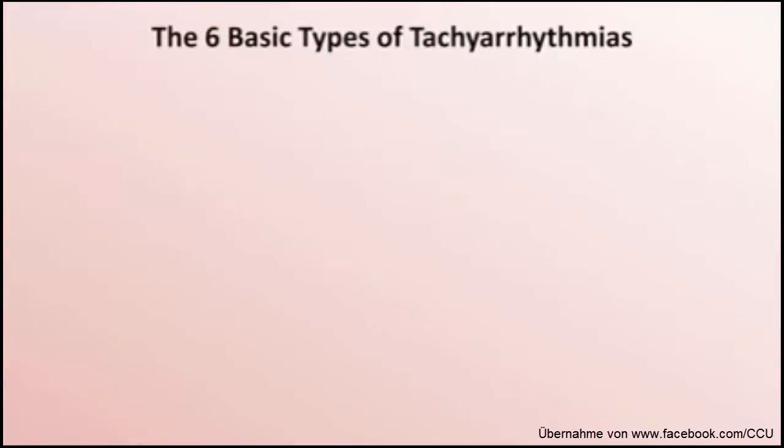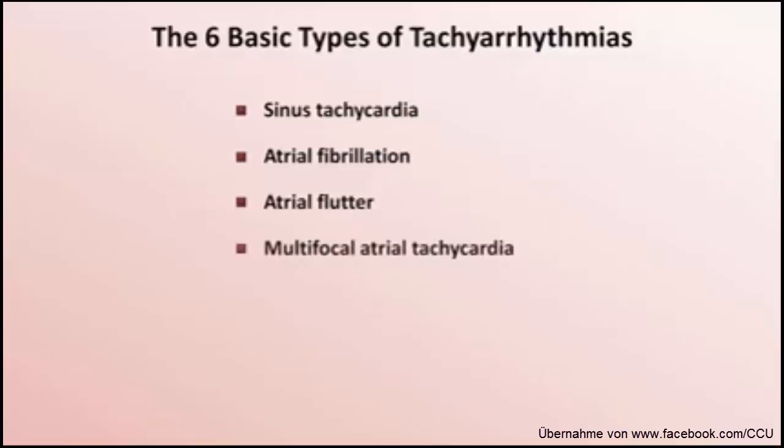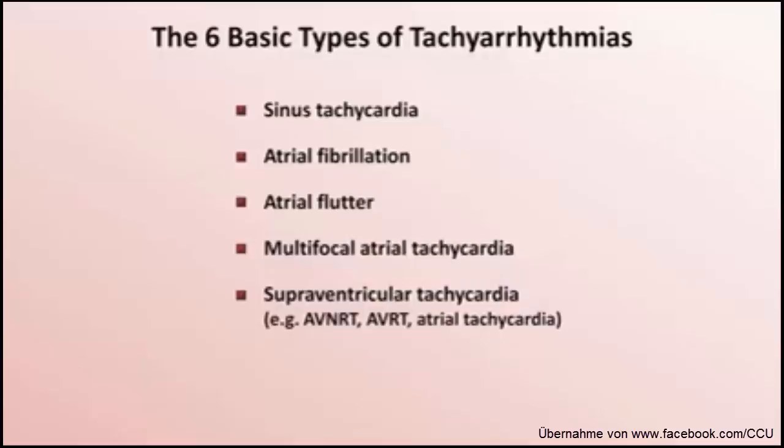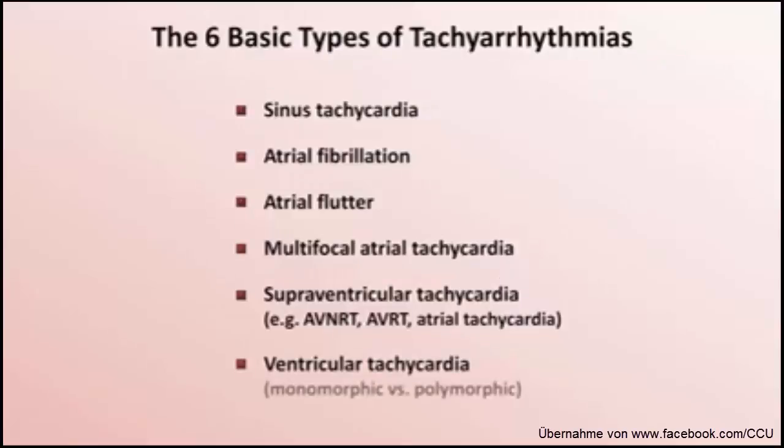To very briefly review from the last video, here are the 6 basic types of tachyarrhythmias: sinus tachycardia, atrial fibrillation, atrial flutter, multifocal atrial tachycardia, supraventricular tachycardia, which we are considering at this point as one entity, even though we should acknowledge that it actually includes numerous other more specific diagnoses, most notable of which are AV-NRT, AV-RT, and atrial tachycardia, and finally ventricular tachycardia, which can be easily subdivided into monomorphic and polymorphic subtypes.